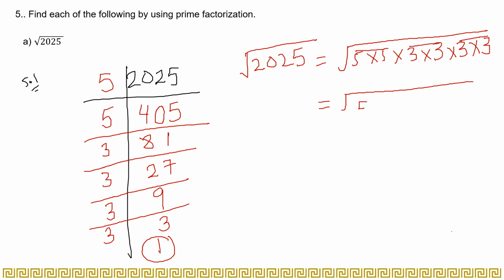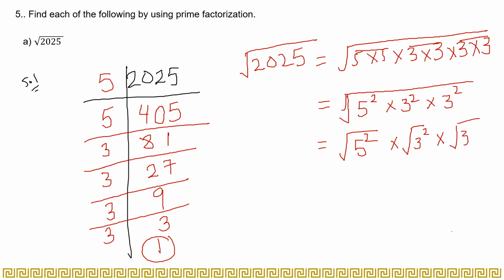Now you can write it as 5 square, 3 multiplied by 3 as 3 square, and 3 multiplied by 3 as 3 square again. Now there is a rule that you can write this root separately over every number, like this: root of 5 square multiplied by root of 3 square multiplied by root of 3 square.